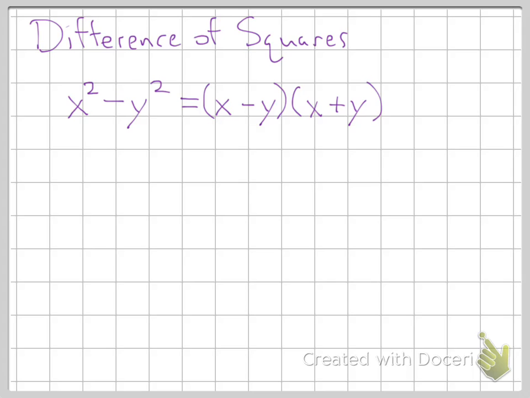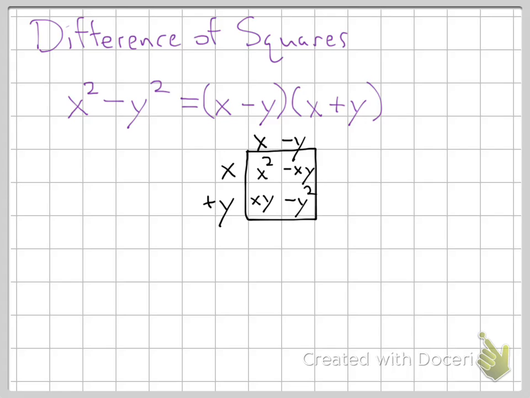Now what you saw yesterday when you multiplied was the opposite process of factoring. So I'm going to take this and multiply them. If I did x minus y, x plus y, I would have x squared, negative xy, xy, negative y squared.